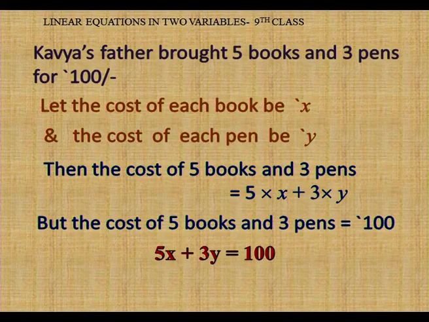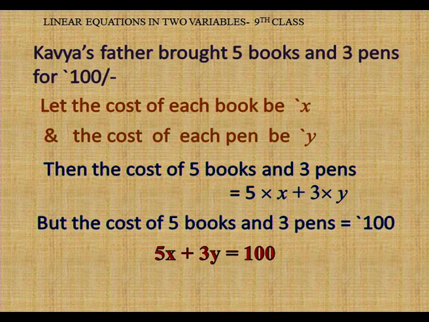So, let us have a recap of what we discussed last time. Children, in the last session we discussed a question like: Kavya's father bought 5 books and 3 pens for 100 rupees. There we estimated, let the cost of each book be x and the cost of each pen be y.